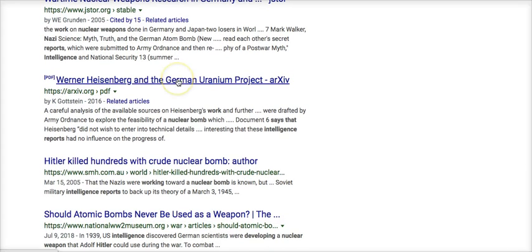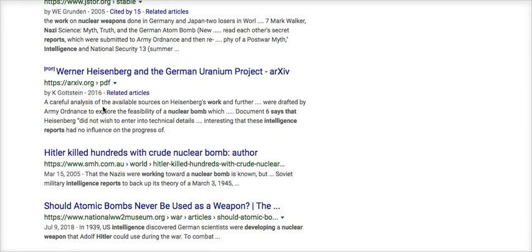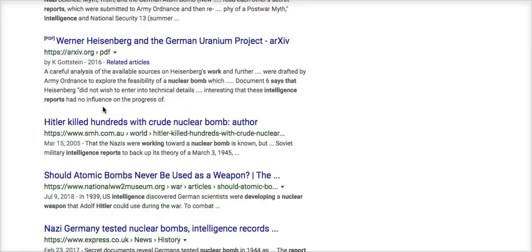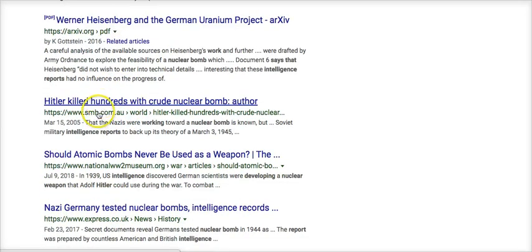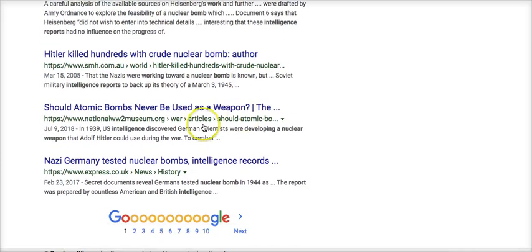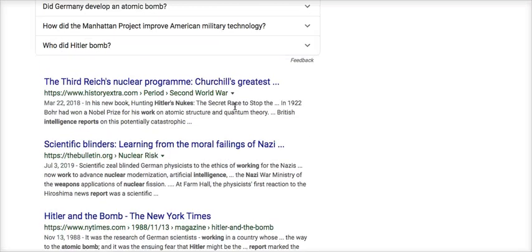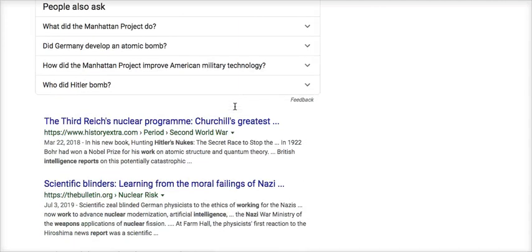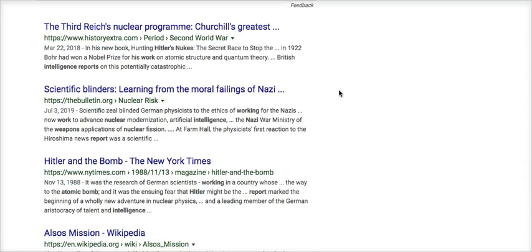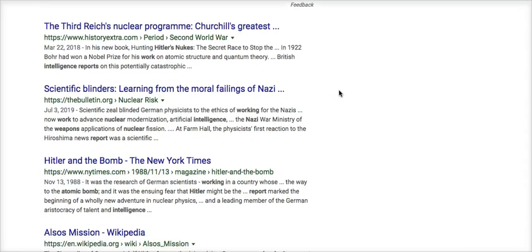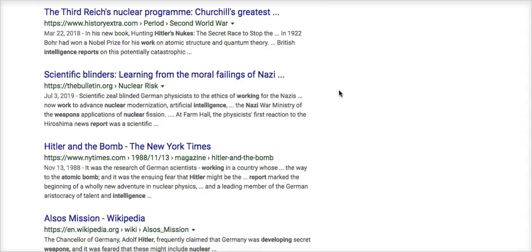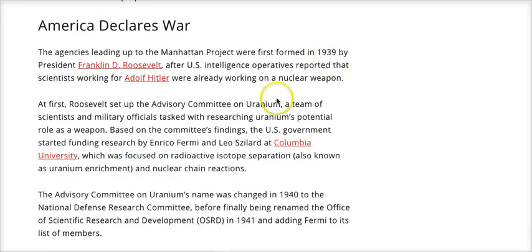So this is an analysis of sources, so that's not it. This is a secondary source. Okay. It looks like all of these sources are just basically talking about the intelligence reports because they know that they exist. But it doesn't look like any of these sources are going to offer me a copy of the reports. So I'm going to stop looking for that because I'm not going to find it.